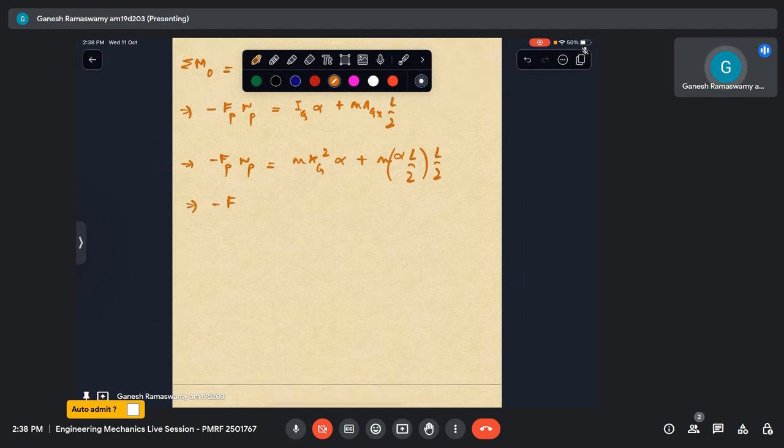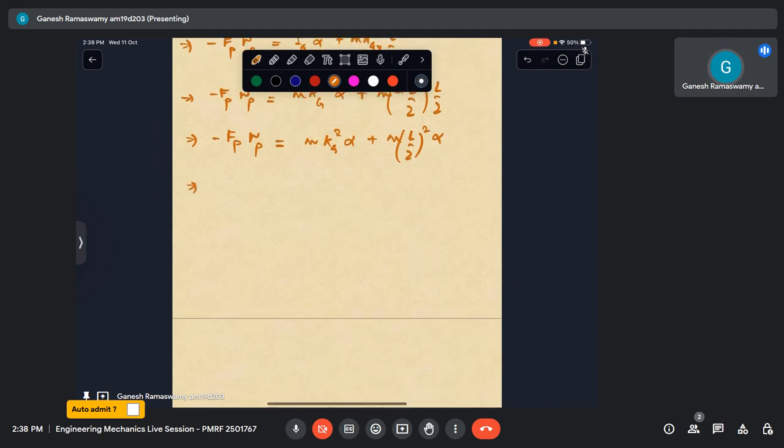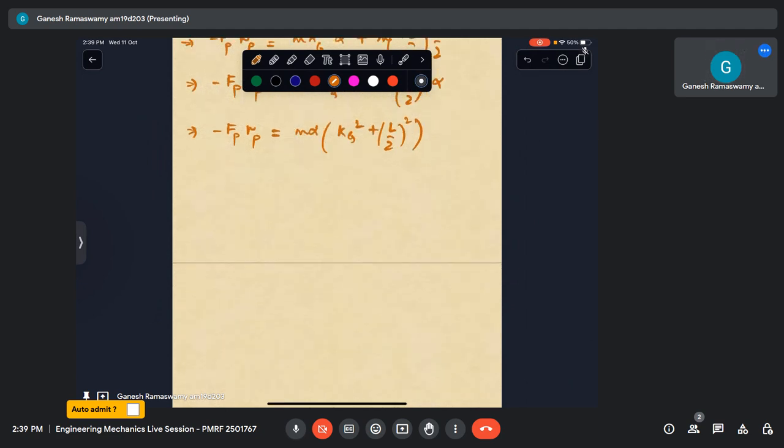So this gives me Fp Rp equals m kg squared alpha plus m L by 2 squared alpha. Okay. So this follows that minus Fp Rp is nothing but m alpha into kg squared plus L by 2 the whole squared.